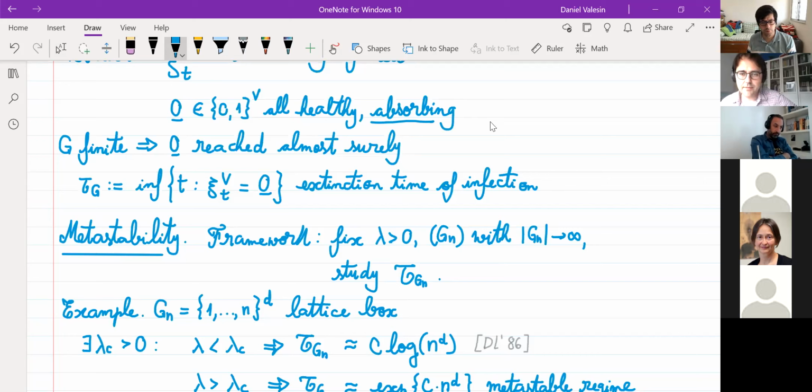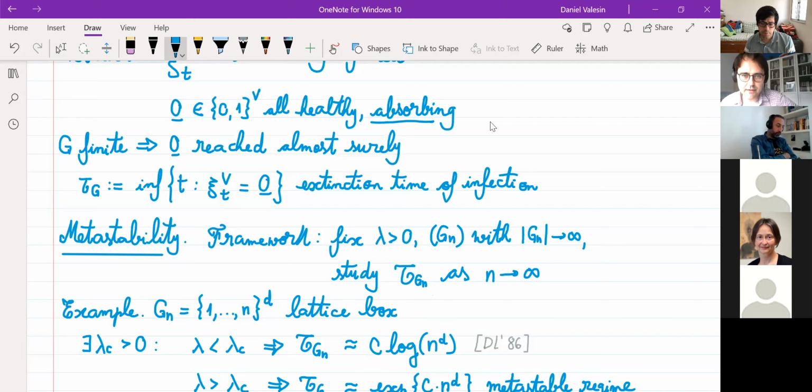We have G_n with number of vertices going to infinity, and as we grow the graph, we study how this random variable behaves, so the growth of its expectation. And so we study tau_{G_n}, especially as n goes to infinity.